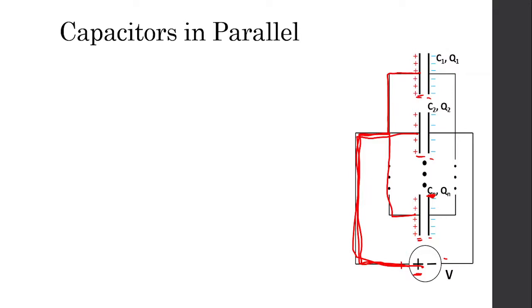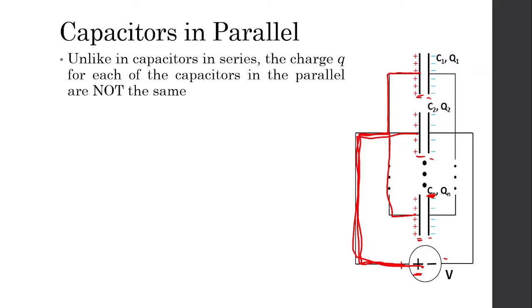Some things that we want to note about capacitors in parallel. Number 1, unlike capacitors in series, the charge Q for each of the capacitors in parallel is not the same. In series, the value of Q is the same across the different capacitors, but for capacitors in parallel, the Q values are not the same.